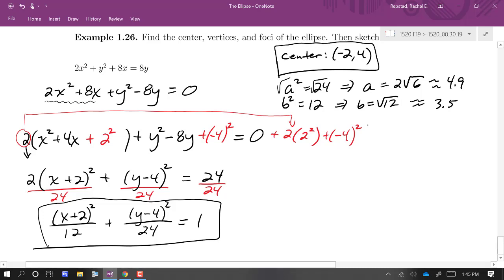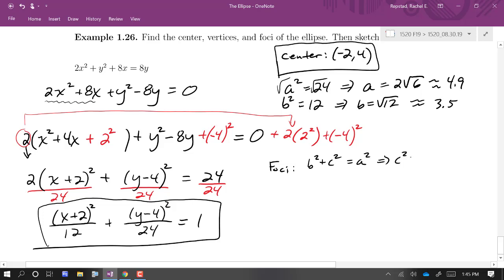What about my foci? How do I find it? Oh, it's the Pythagorean theorem. Yeah, that relationship that we derived: b squared plus c squared equals a squared.